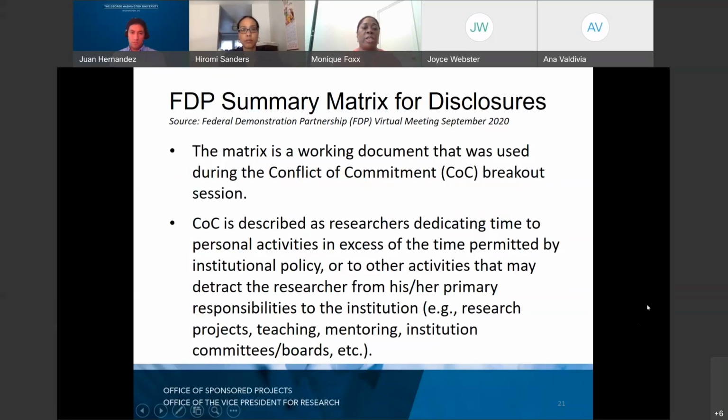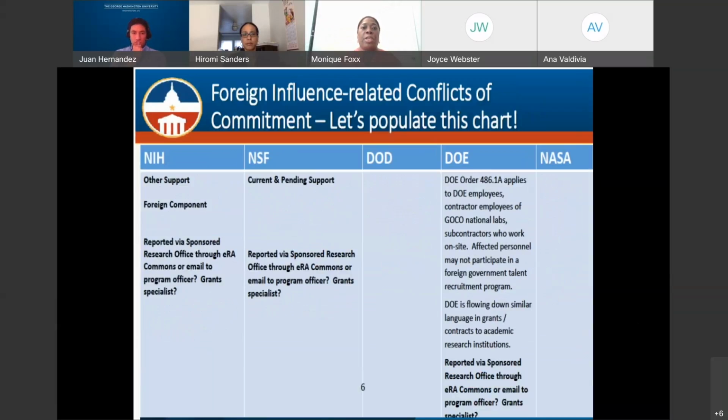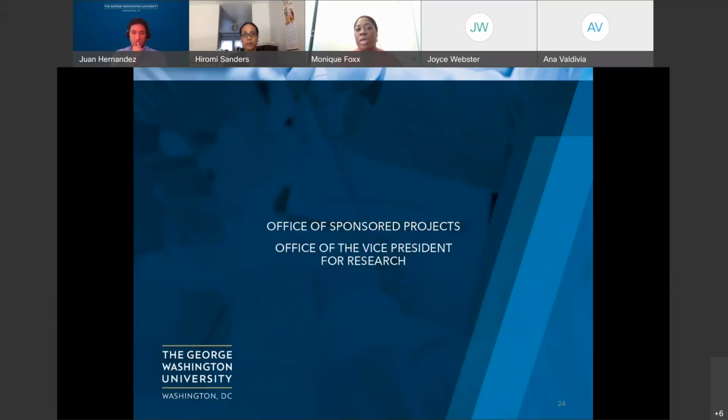And this can be research projects, teaching, mentoring, or institutional committees and boards. This is a matrix that was discussed in a breakout session, and FDP will continue to update this matrix as time goes on. I'm now going to turn it over to Alma, who will talk about post-award and undue foreign influence.